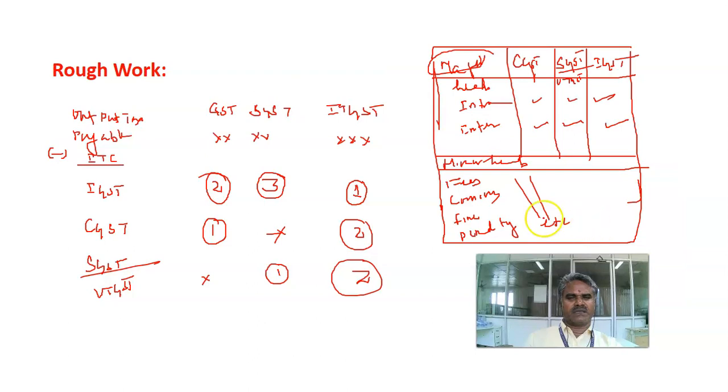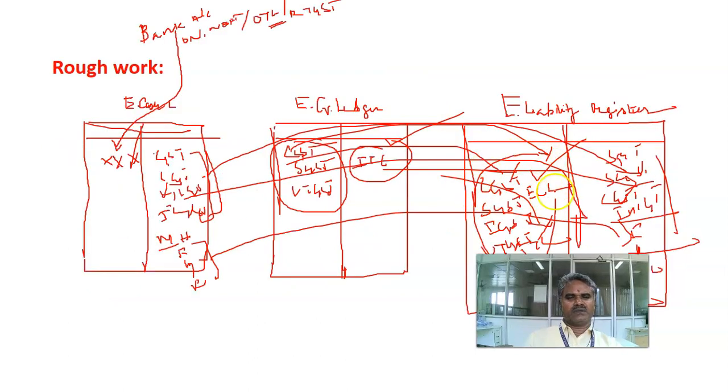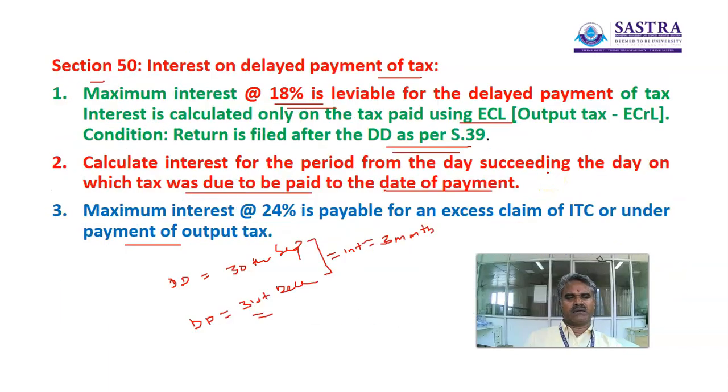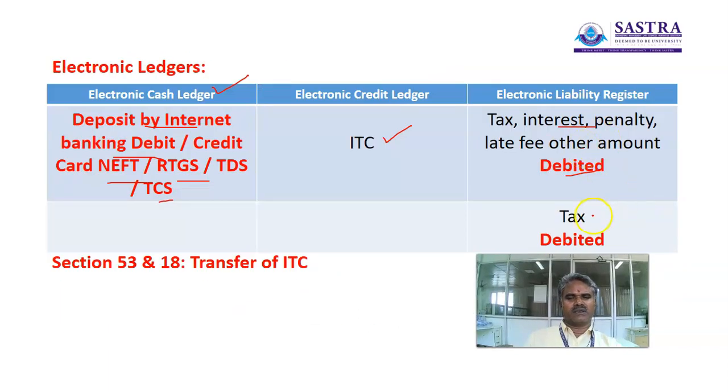I already showed you. All payments, major and minor heads, on your account. Then tax, these are the minor heads. Then section 53 and 18, transfer of ITC. We will discuss ITC separately.